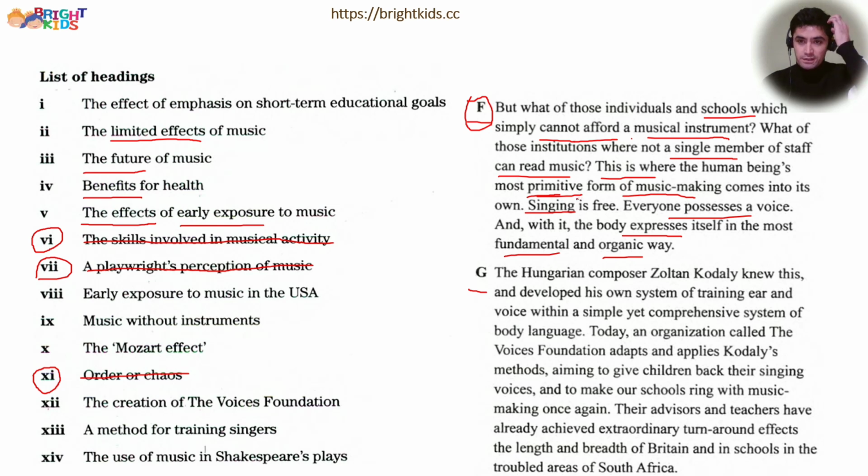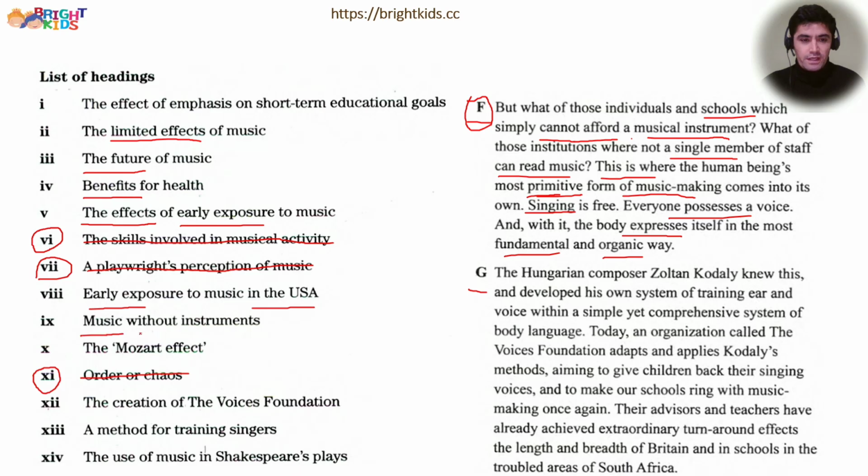Primitive means something very first, right? Music making comes into its own, but there's nothing about the effects of early exposure to music. Early exposure to music in the USA. There's nothing mentioned about USA in this paragraph.